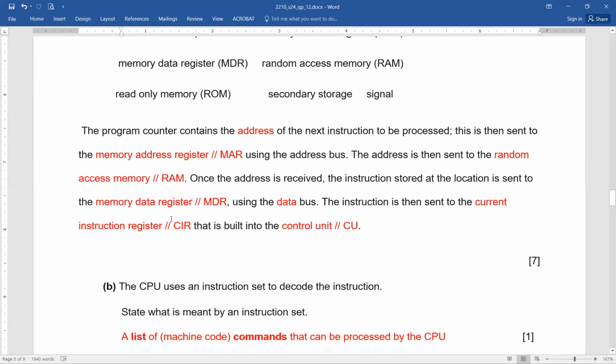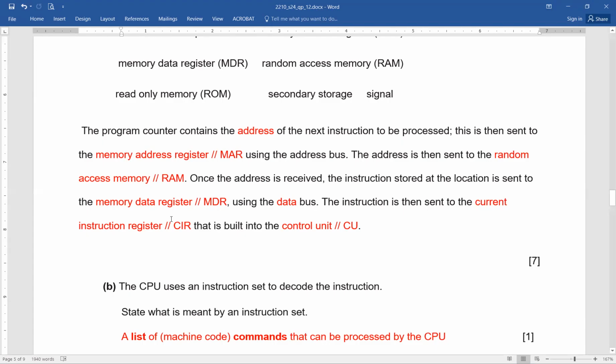Okay. The CPU uses an instruction set to decode the instruction. What is meant by an instruction set? See, again, if you pay attention to the two words, instruction set means it's a list. And this is a list of commands that can be processed by the CPU.